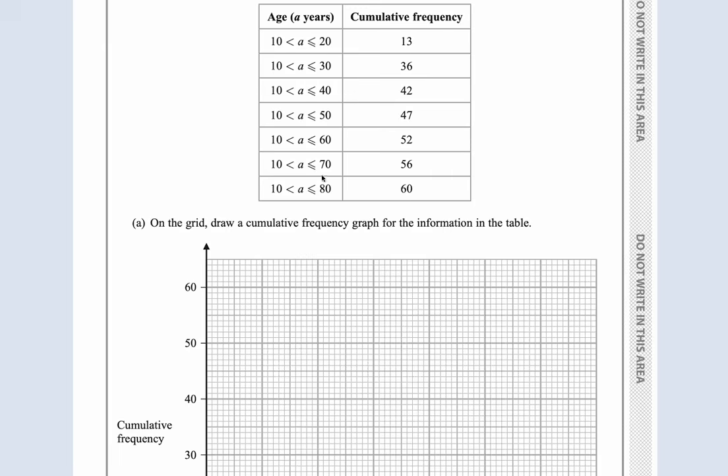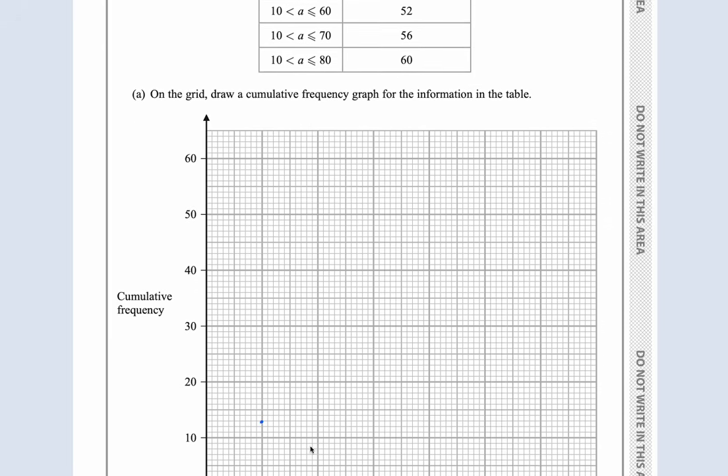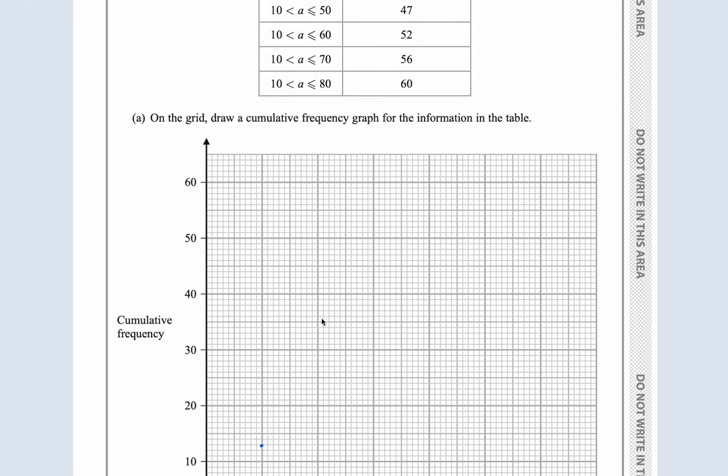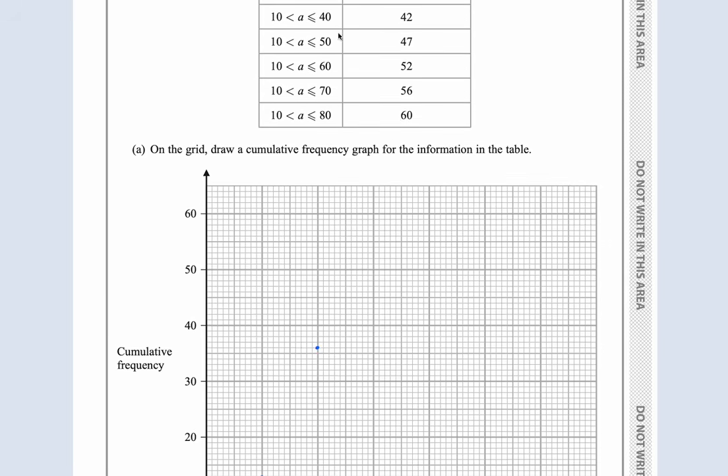Then I go to 30, 36. Then 40, 42. 50, 47. 47 is there. 60, 52. 70, 56.